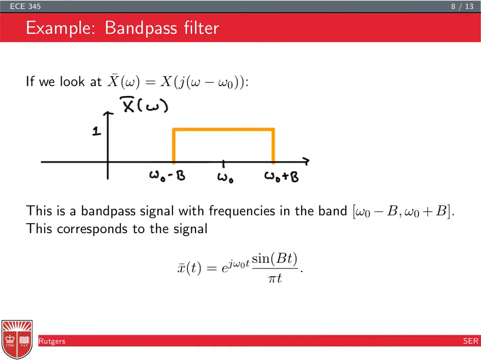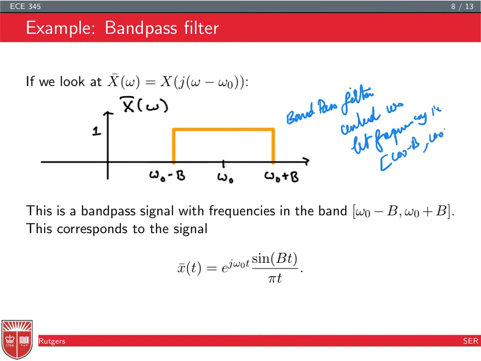This is what I was mentioning: the bandpass filter is a shifted version of the low-pass filter. Here I'm saying you need to design a bandpass filter centered around omega 0 that lets frequencies in the interval omega 0 minus b to omega 0 plus b pass.